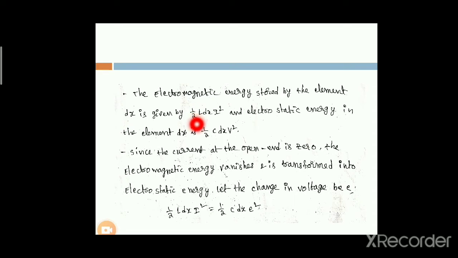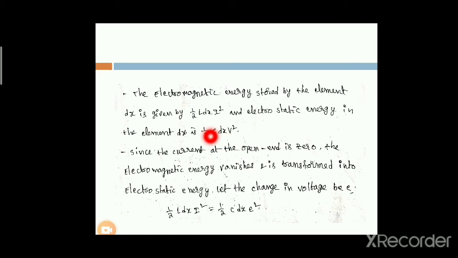And the electrostatic energy in the element dx is half C dx into V square.